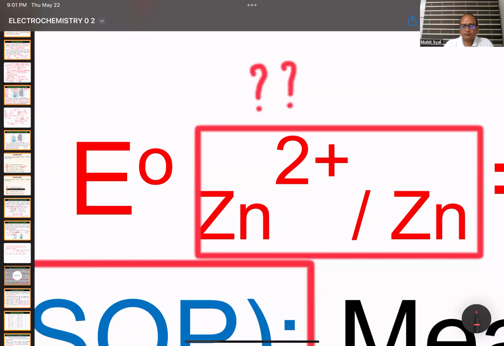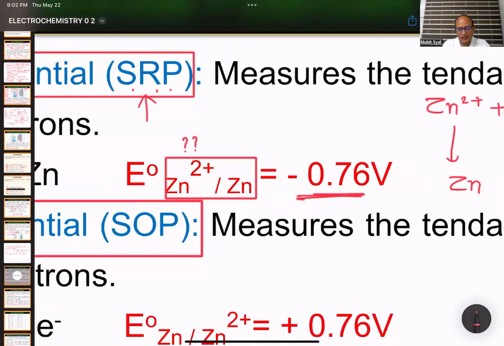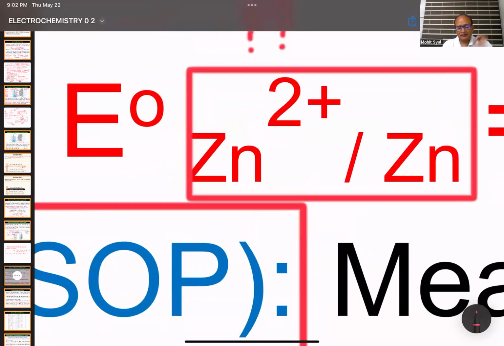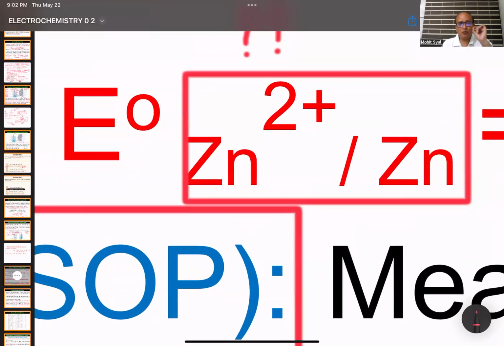There's a zinc plate, and this zinc plate will decompose to Zn2+ ions. Is the zinc getting decomposed to Zn2+, or is Zn2+ decomposed to Zn? No, Zn2+ will get deposited on the zinc. Yes, you have to look at it very carefully, and there are chances of going wrong. Even for myself, if I don't look, because they are written in a very small font as subscript, they are not clearly visible. So you need to look at them very carefully.